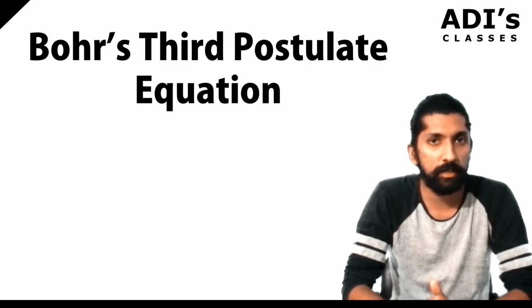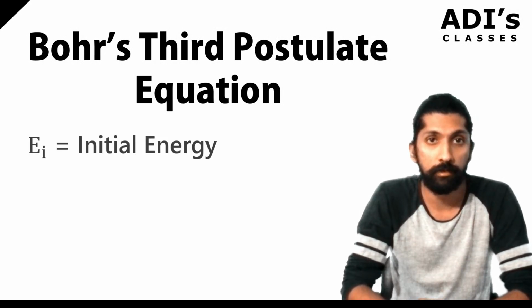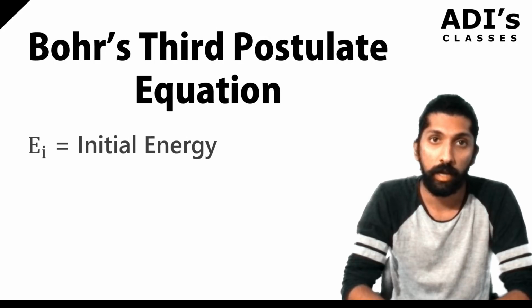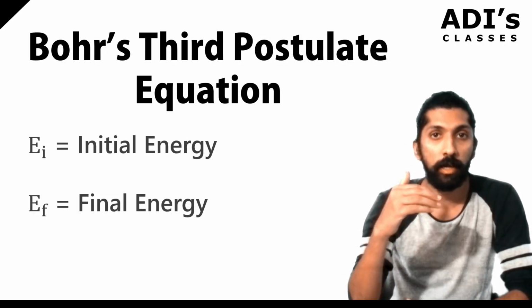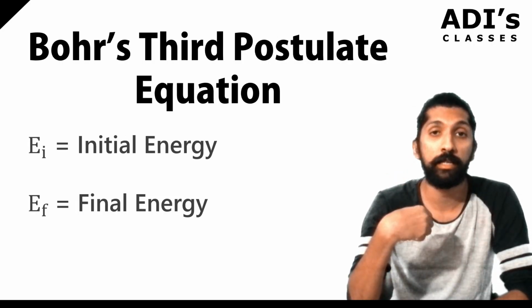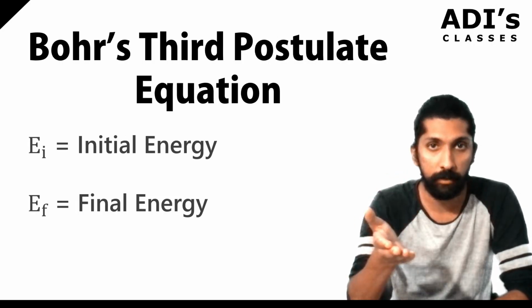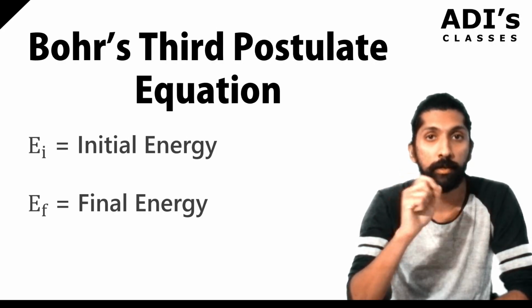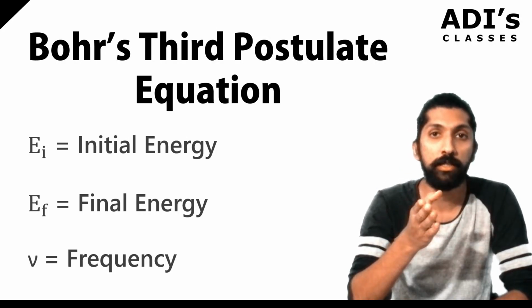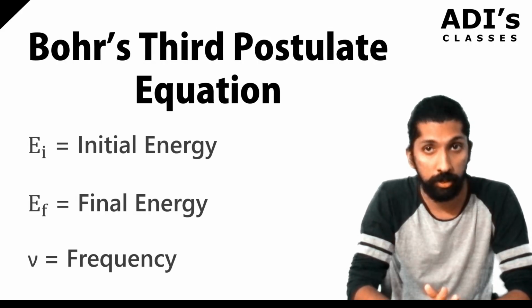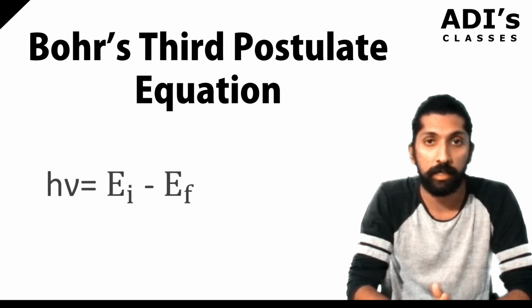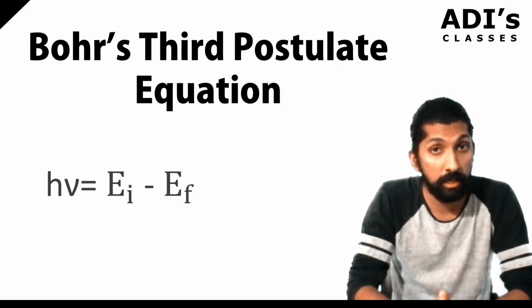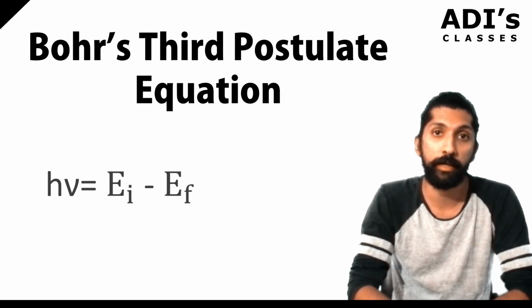Suppose EI is the initial energy and EF is the final energy. Whenever energy is absorbed or emitted, the energy has a particular frequency, say nu. Then the radiation emitted is given by h nu equal to EI minus EF. This is the mathematical form of the third postulate.